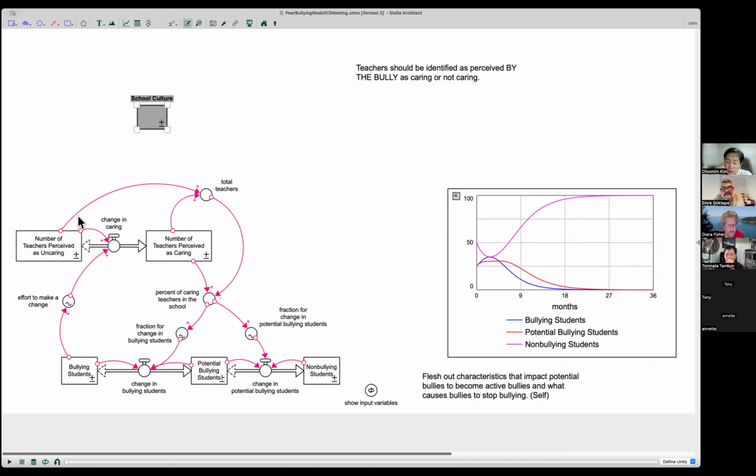I think definitely school culture is another feedback that's going to affect this piece. It could also affect the students down here, but I would not put all those pieces in at the same time.